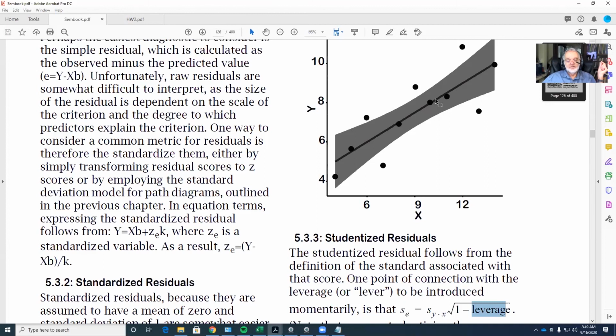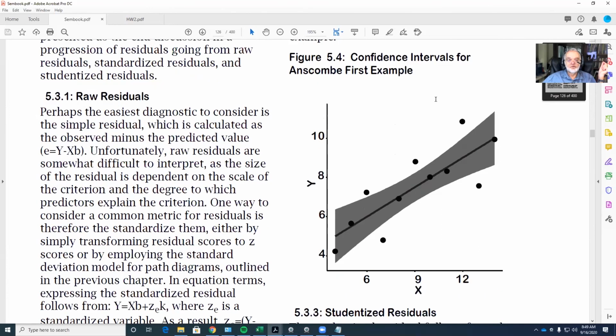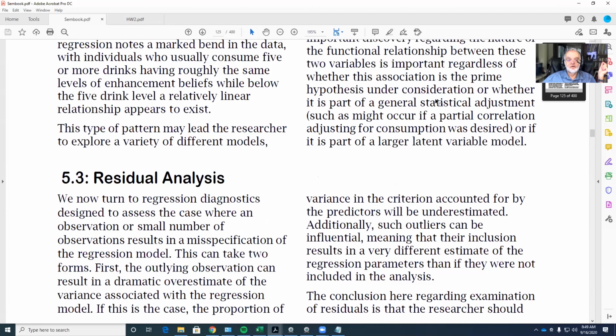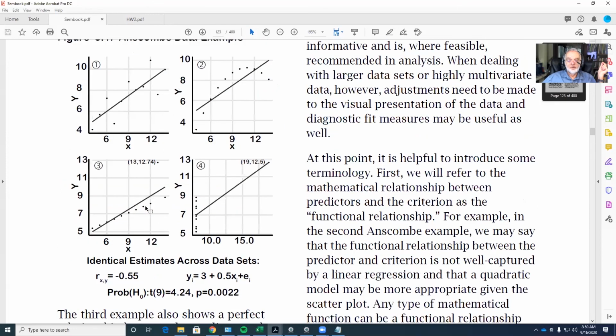Well, but even that is not the nicest way to check if an observation is outlying, because consider the Anscombe case number 3. All of these observations down here had errors, had residuals, but they would have had no residuals if this observation had been thrown out. So studentized deleted residuals calculate the residual that would be observed if the regression line was fit to all of the other observations.